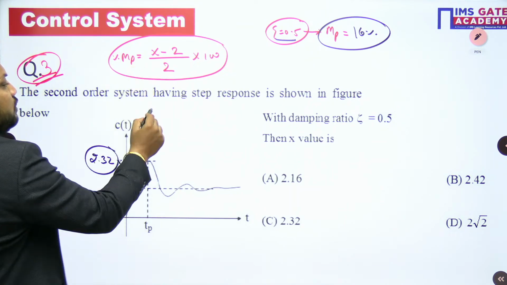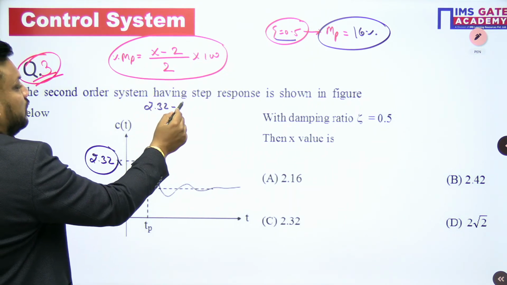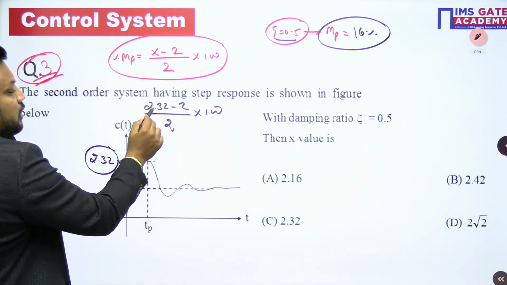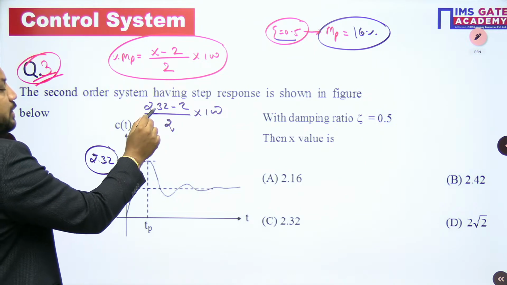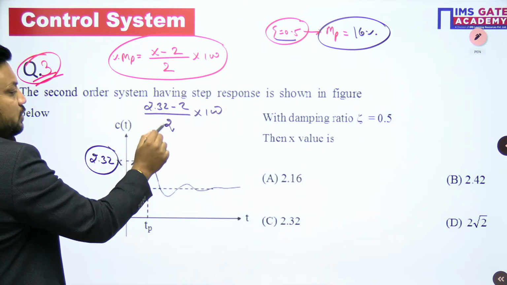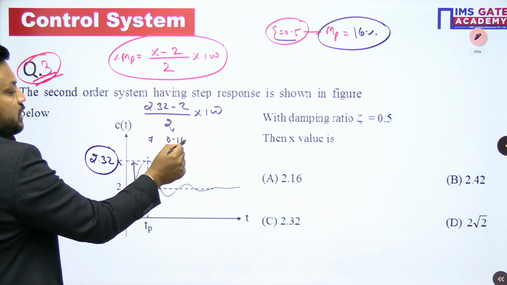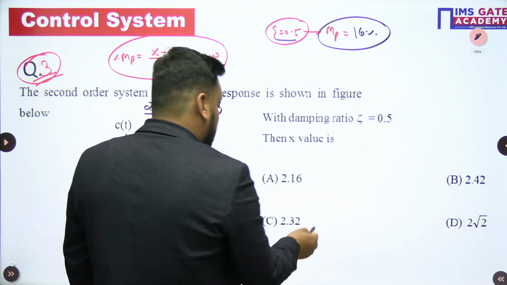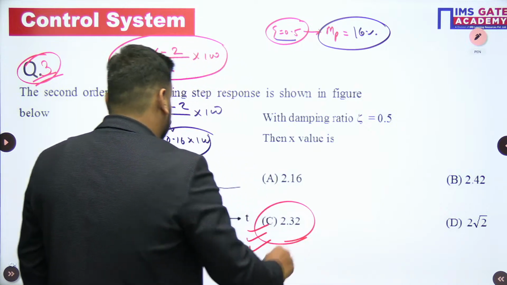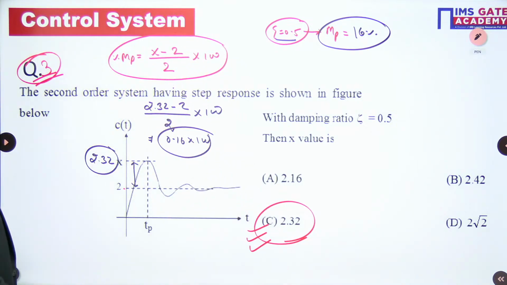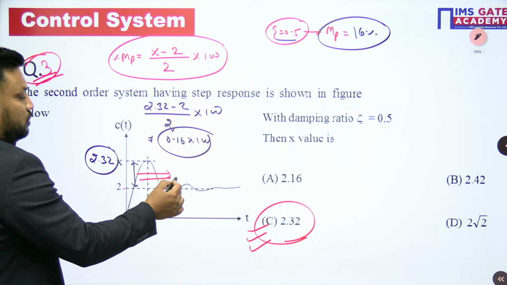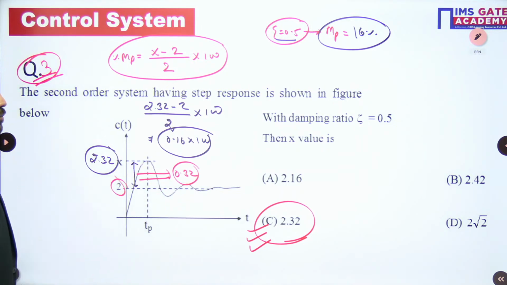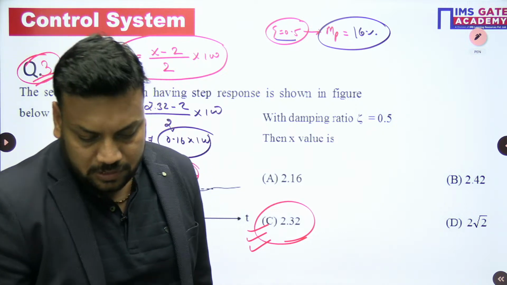If this value is 2.32, x value minus 2 upon 2, then only you will get 16%, because (2.32 minus 2) upon 2 is 0.16, into 100. Now you will get it. So the correct answer for this question is option C, 2.32. You will say that 0.32 is 16% of 2.